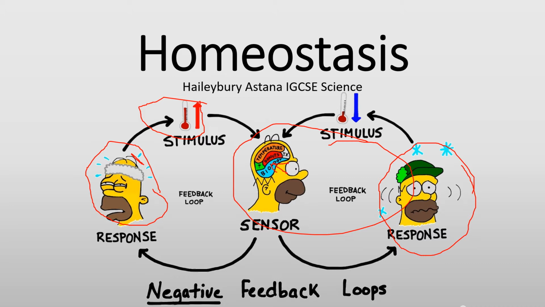This brings about a nervous response where motor neurons deliver electrical impulses to his muscles, causing him to shiver. This requires energy in the form of ATP, generated through a greater rate of respiration. As you know, respiration generates heat, and this raises his body temperature back to normal.